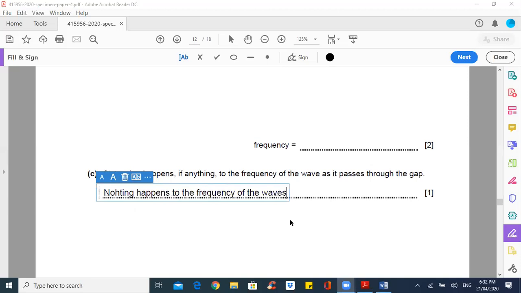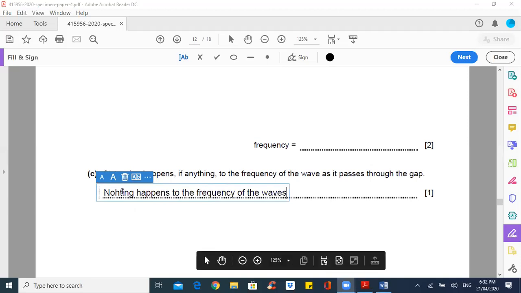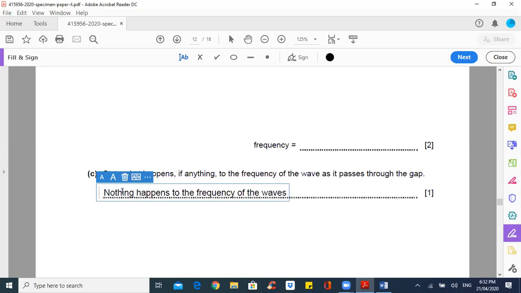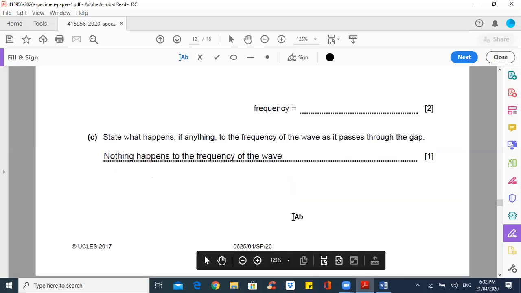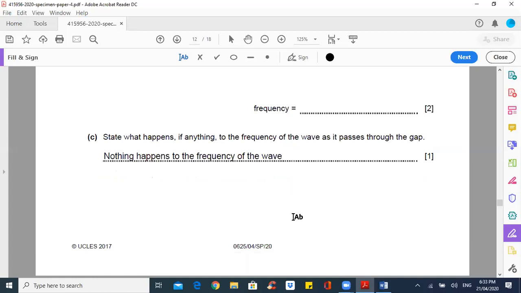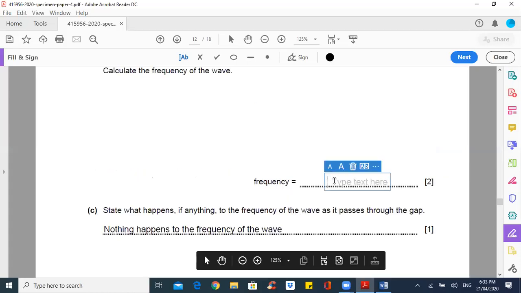Just remember that nothing happens to the frequency of the wave. It remains the same. Good, so we okay with it so far? So your frequency was 8 hertz here.